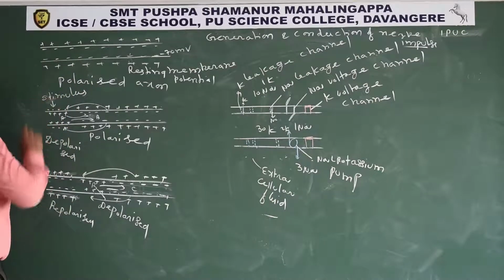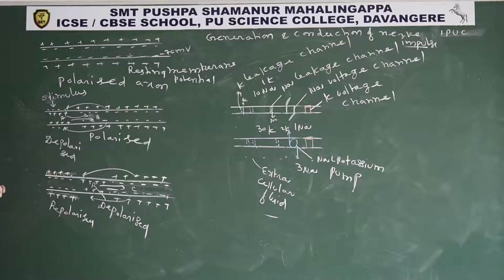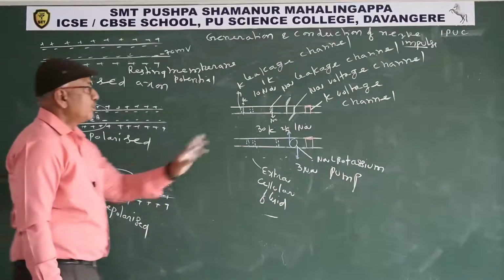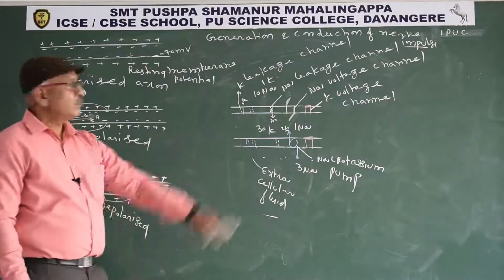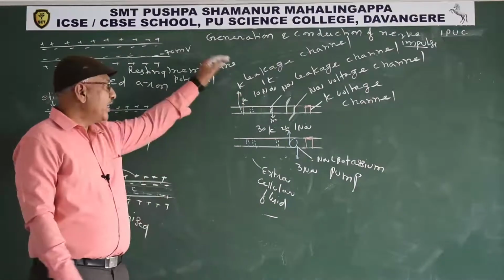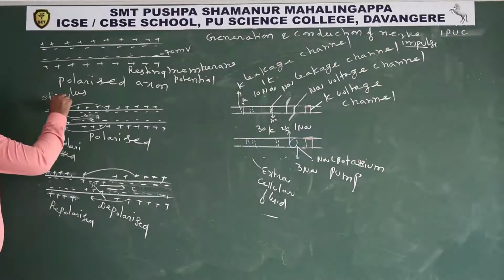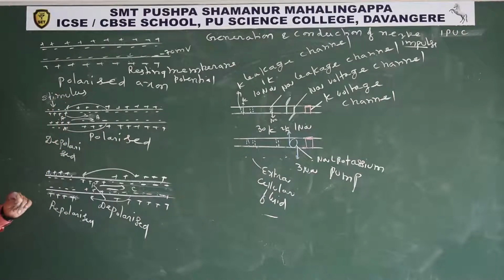Whenever it receives a stimulus, at that time sodium voltage gates open, and an abundant amount of sodium from the extracellular fluid enters the axoplasm. The inner surface becomes electrically positive and the outer surface electrically negative, for a few milliseconds only. So it is known as action potential. Actually the inner surface is electrically negative, but here for 1 or 2 milliseconds the inner surface is electrically positive.